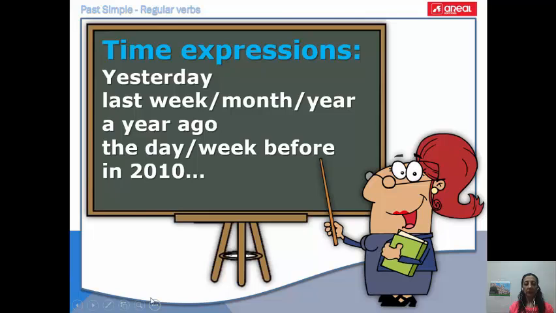Time expressions used with past simple, or as we call them, the keywords: yesterday, last week, last month, last year, a year ago, a day ago, an hour ago, the day or the week before. Or we also can say in 2010, in 2011, a previous year.